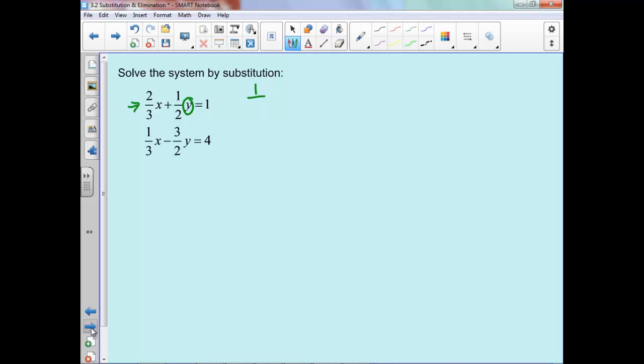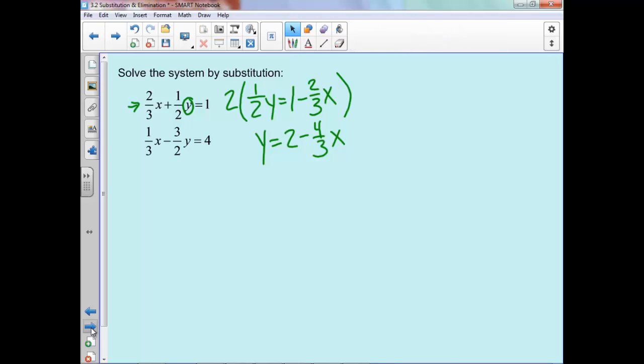So we'll have 1/2 y equals 1 minus 2/3 x. And now we don't want that half, so we can multiply everything by 2. Now notice we have y by itself, so we can use that and substitute that value into the other expression for this y here.